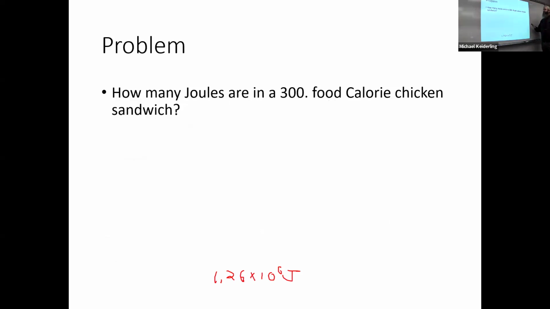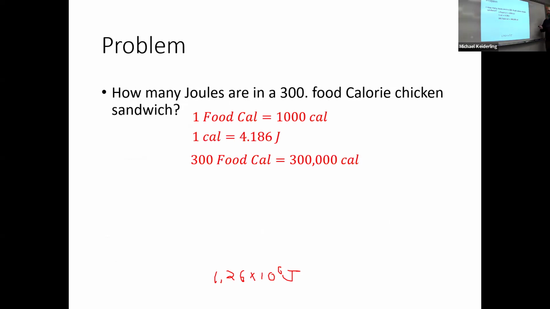So how many joules are in a 300 food calorie chicken sandwich? 1 food calorie is 1,000 calories. 1 calorie is 4.186 joules. So 300 food calories is 300,000 calories. So 300,000 calories times 4.186 joules per calorie gives you 1,255,800 joules.